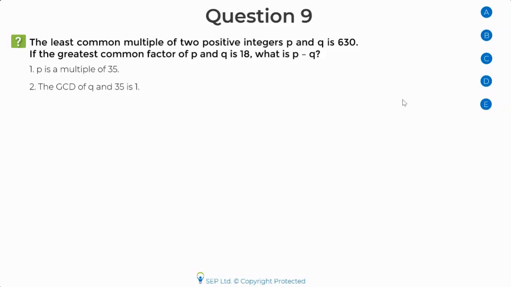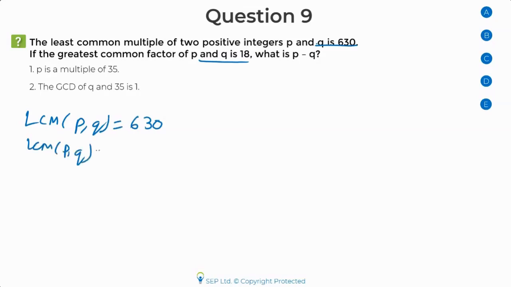In this question also, the first thing that you should do when solving it is prime factorize, because that's always the first step. So if you see that the LCM of P and Q is 630, you should prime factorize it. Can anyone tell me what I will get here?